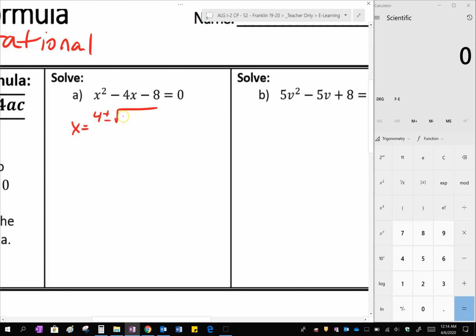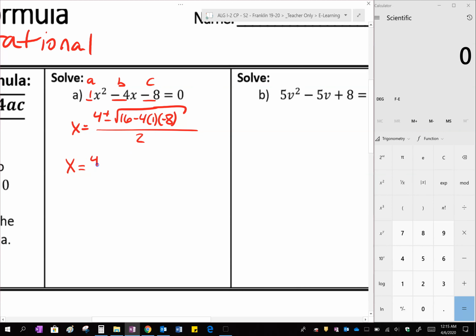So b squared here is 16, minus 4 times 1 times negative 8. Just a reminder here, a is 1, b is negative 4, and c is negative 8, all over 2a, so just 2.